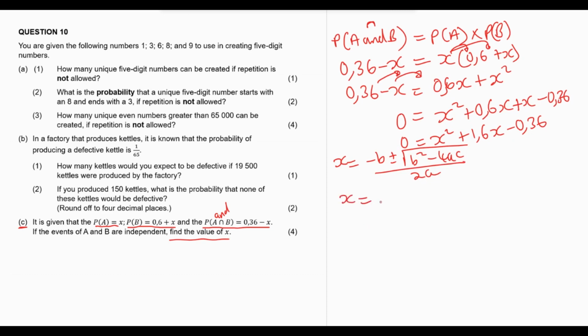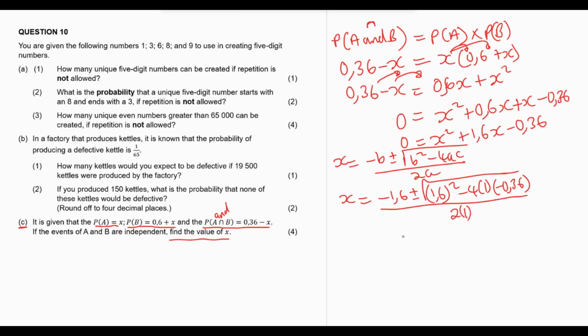X is equal to negative 1.6 plus or minus the square root of 1.6 squared minus 4, and then a is 1, the coefficient of x squared is 1 there, and c is negative 0.36, all divided by 2 times a, which is 2 times 1.